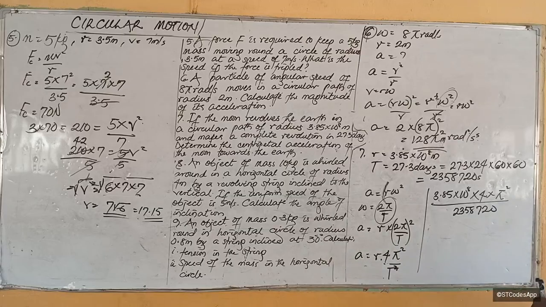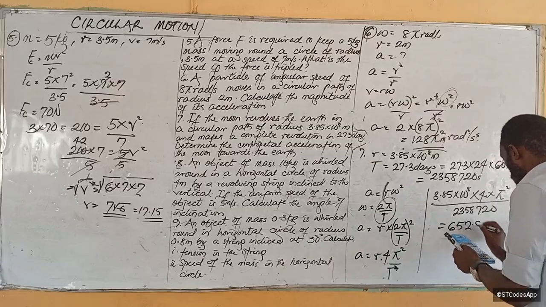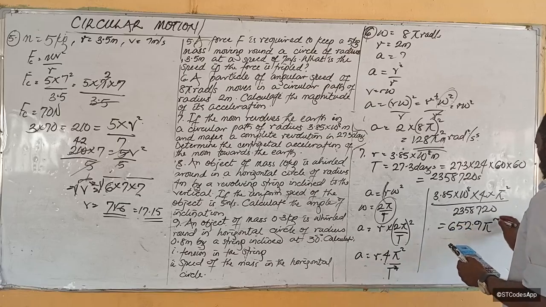Alright. So that will be 3.85 times 10 raised to the power 8, divided by 2,358,720 squared, then that times 4 is equal to 652.89, that's 9.9 pi squared, what?